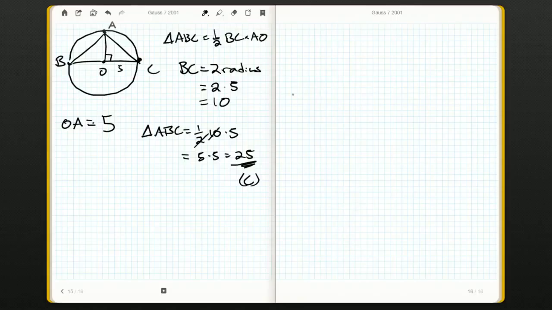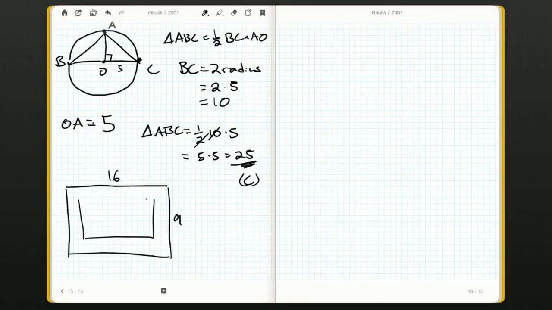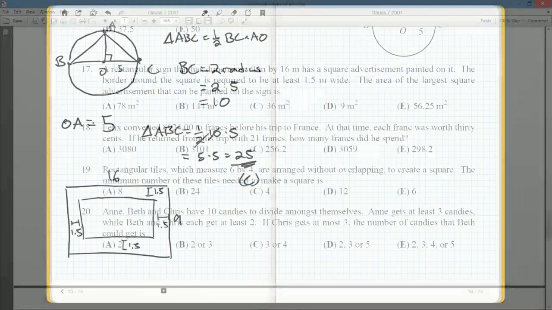So we have sort of 9 by 16, and we need to have a border of at least 1.5 all the way around this thing. That is demanded. We definitely have to have that. That's part of the question.